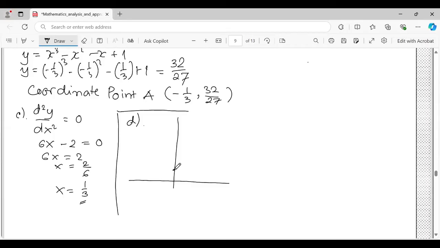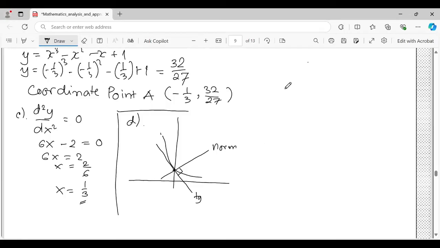Here, for example, the curve goes through this coordinate point 0, 1, and this is the tangent. Straight line of tangent and normal line. And normal, this one is the normal line, perpendicular to the tangent. So this is tangent and this is normal.